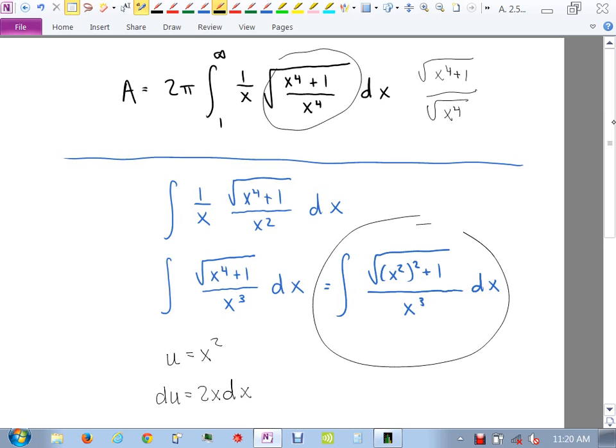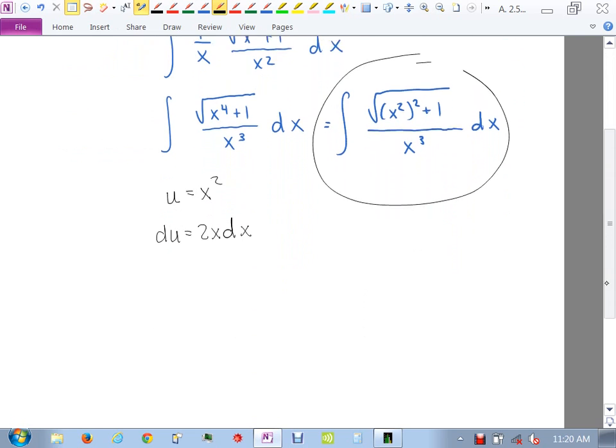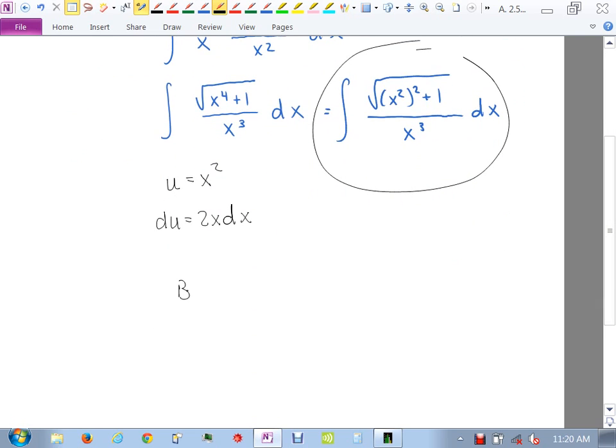Show that it's infinite. All right? So the bonus is to finish this and show the surface area is infinite.